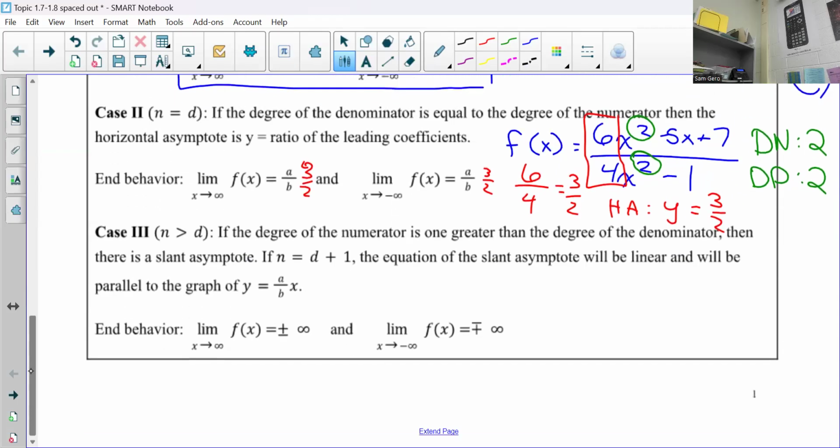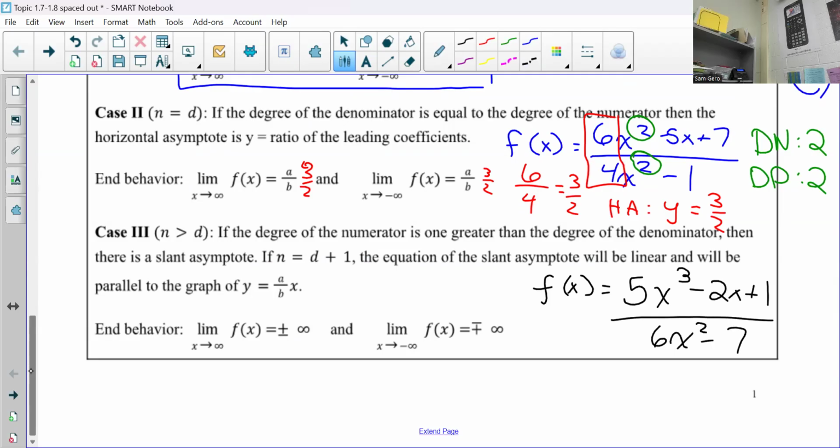And then the third case, what happens if the numerator is bigger than the denominator? For example, f of x is equal to 5x cubed minus 2x plus 1 over 6x squared minus 7. Again, the degree of the numerator is 3.